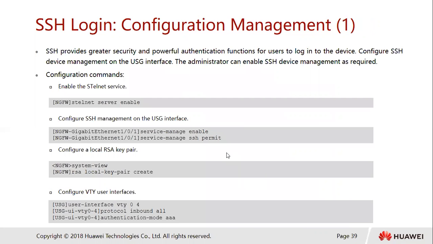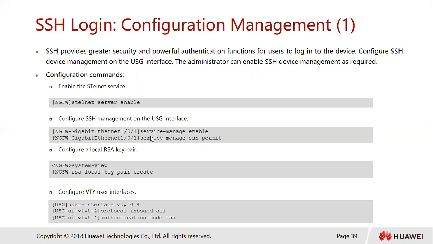Okay. All right. How about SSH? So this is when you are using now the command line. So you go to the system view and you enter this command, stelnet server enable.